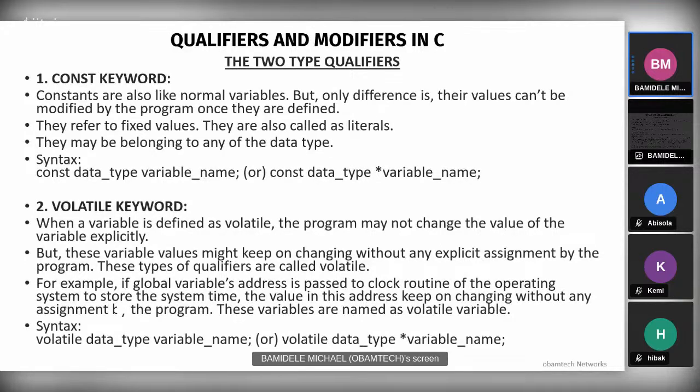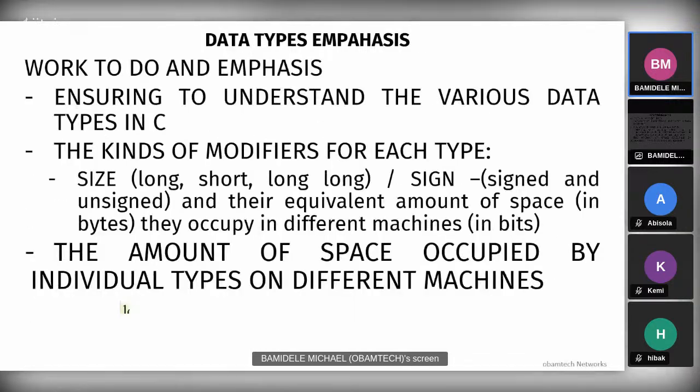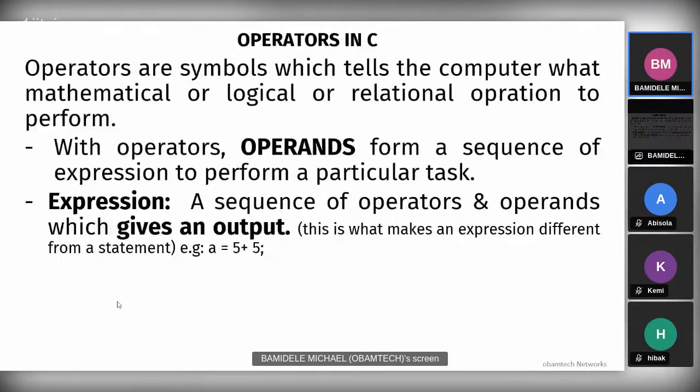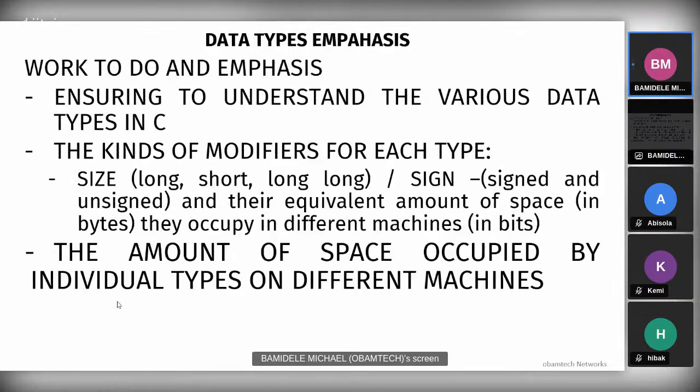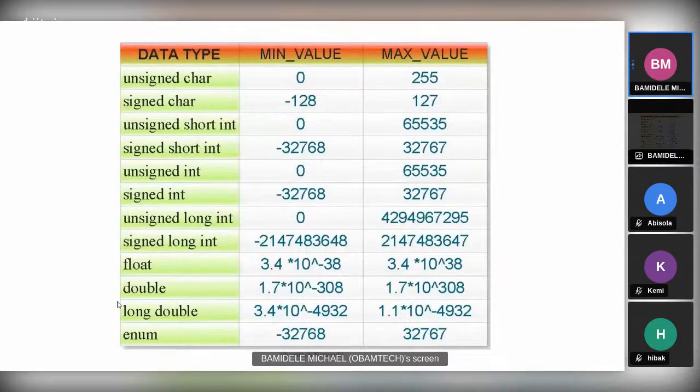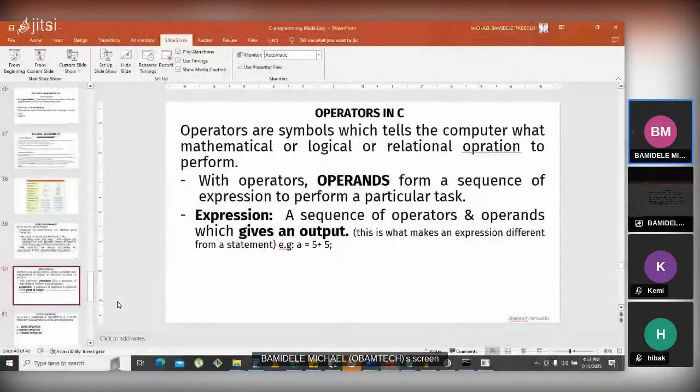Let's come to operators in C, and this is in relation to the project that was being released. But before that, let's take a break and try to quickly interact.